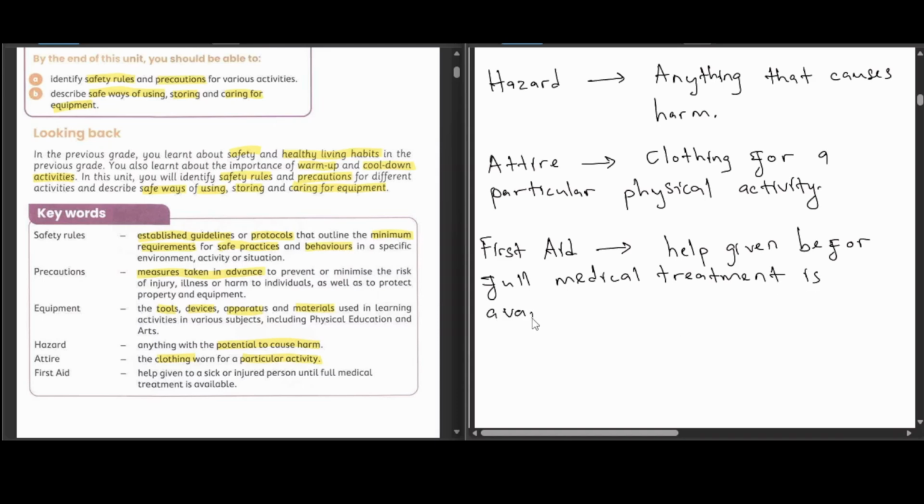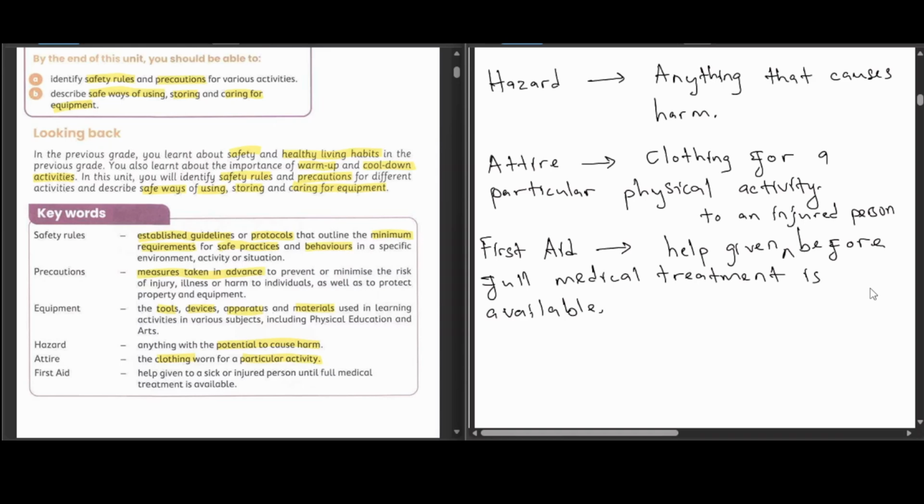Mapaona. Saka kuti inyatso kubuda zvakanaka definition of first aid, tinogona kuti help given to an injured person. Saka rubatsiro runopiwa munhu anenge akuwara during a physical activity before full medical treatment is available. Saka ngatingoti munhu acollapse. You can take it from if you have watched any soccer match, for example.